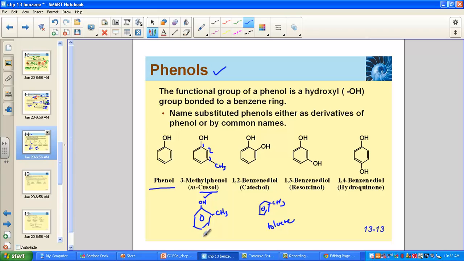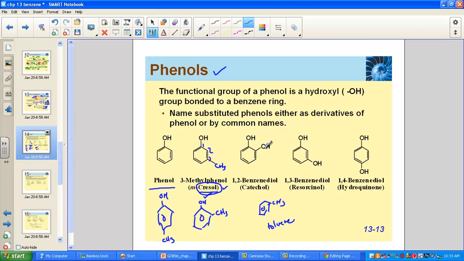Meta-cresol, here is ortho-cresol, 1-methylphenol, and OH position 1, CH3 position 4 would be para-cresol, 4-methylphenol, 3-methylphenol, but we're getting the idea that we commonly hear these names in IUPAC, cresol.